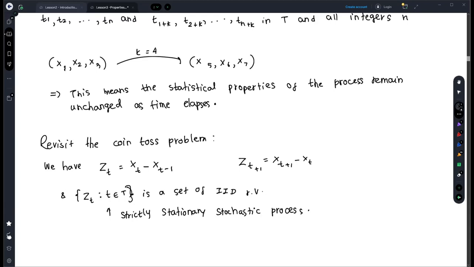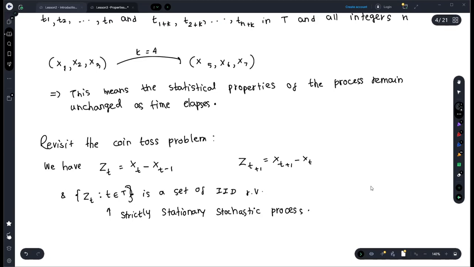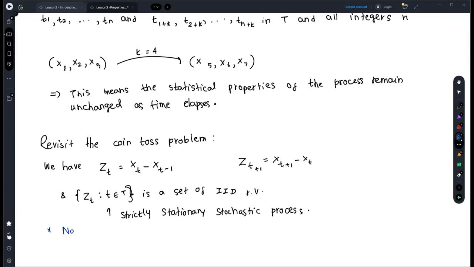So likewise, the distribution remains same when you go from one toss to the next toss, and so on, right? So in a coin toss problem, tossing at every second, this will be a strictly stationary process, right? But the problem, as I mentioned, it is not easy to achieve it all the time, right? Not easy to achieve.